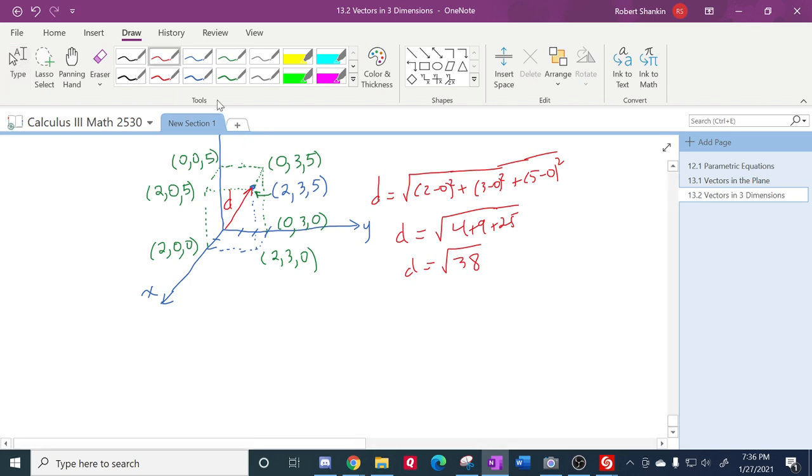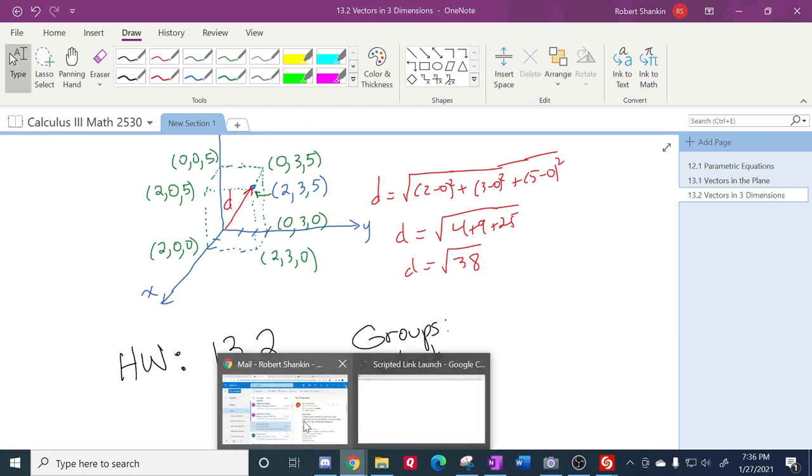All right. The homework is 13.2, and I forgot to mention this last time. Groups, I want you to get together outside of class and check one specific problem.